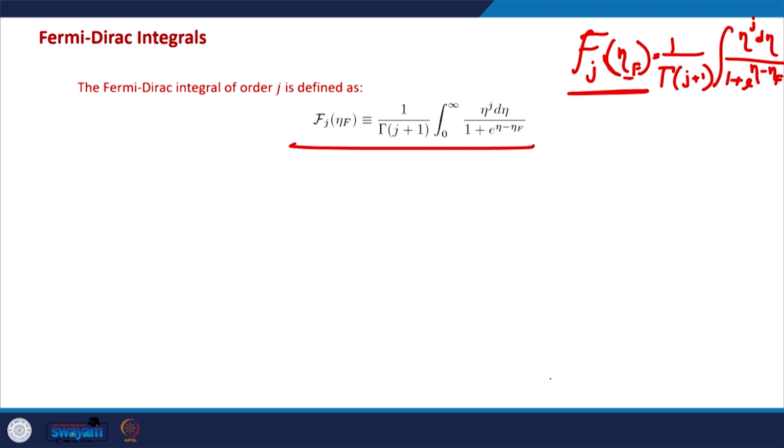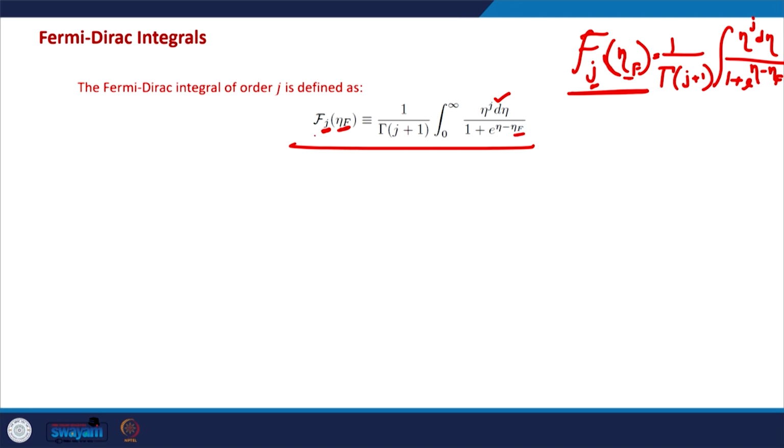The order j depends on the exponent of eta in the numerator on the right hand side of this function. So if we closely look, this j, the order of the Fermi-Dirac integral function, depends on the exponent of the parameter eta, and the argument of the function is eta f.